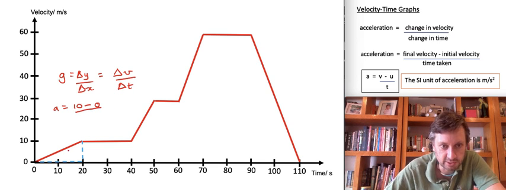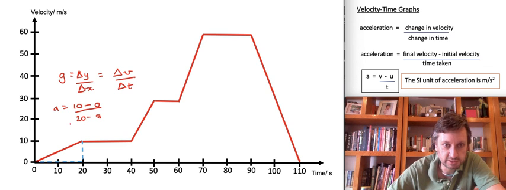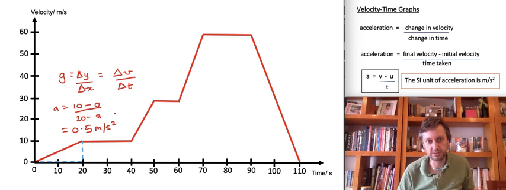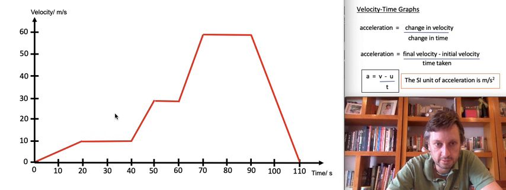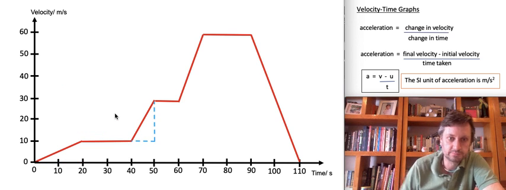And the change in time is 20 seconds minus 0 seconds. 10 divided by 20 gives us an acceleration of 0.5 meters per second squared. Don't forget to use the correct units, please. Okay. Let's move on to the next section.